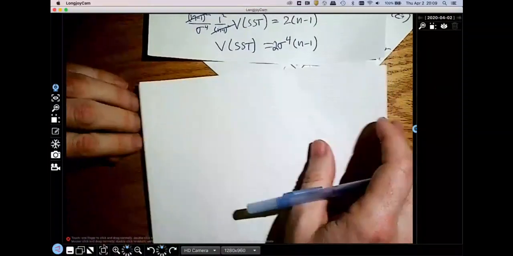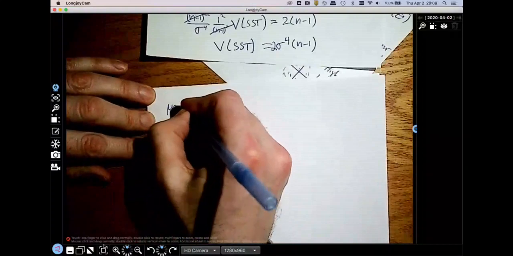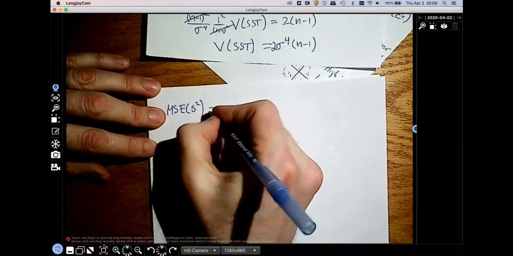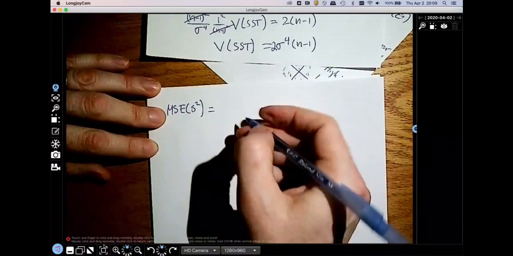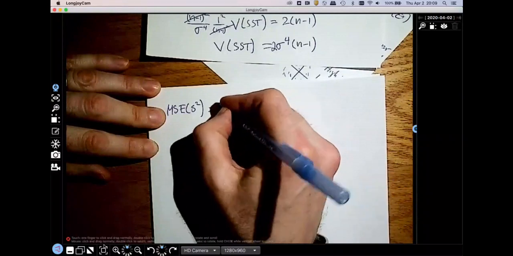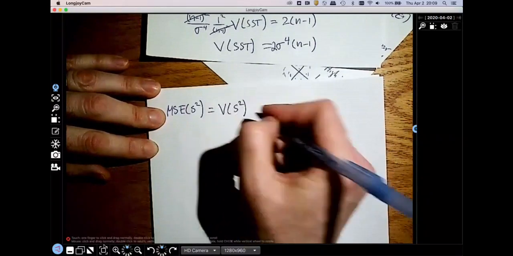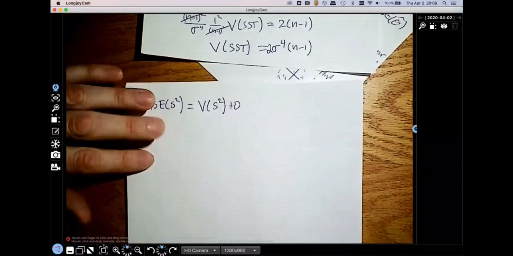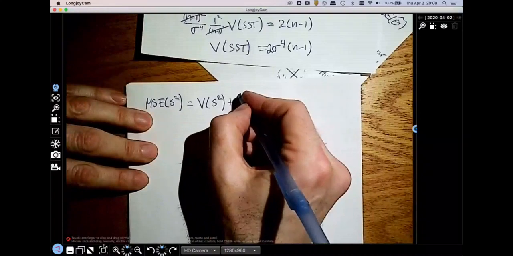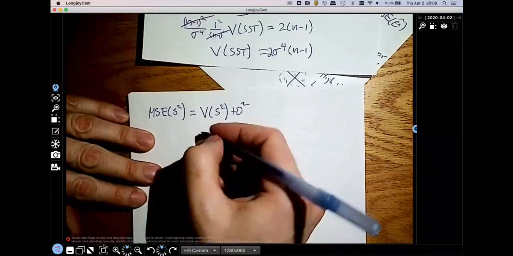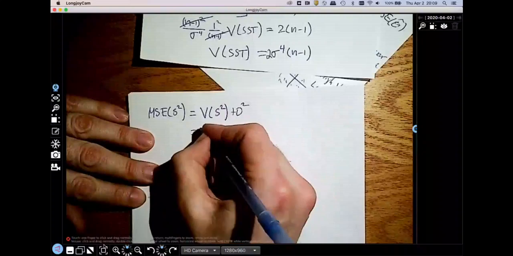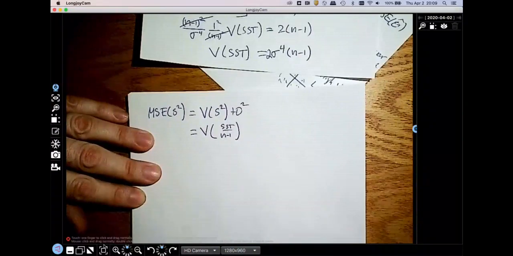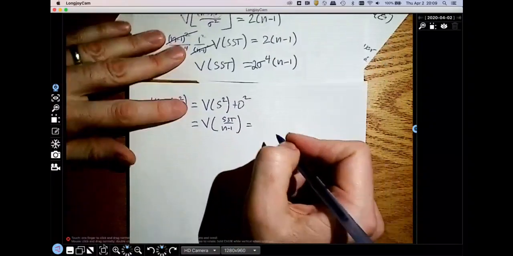All right, so let's go find the mean squared error of s squared. The mean squared error of s squared is just going to be the variance of s squared plus 0, because we've already established it's unbiased. Technically 0 squared. So what is the variance of s squared? Well, this is just going to be the variance of SST all over n minus 1 squared. So what's the variance of SST?